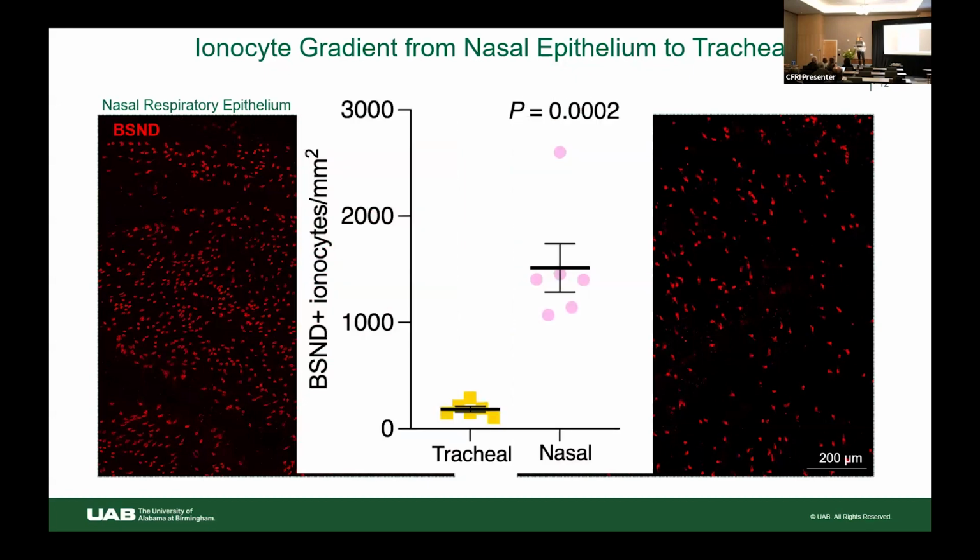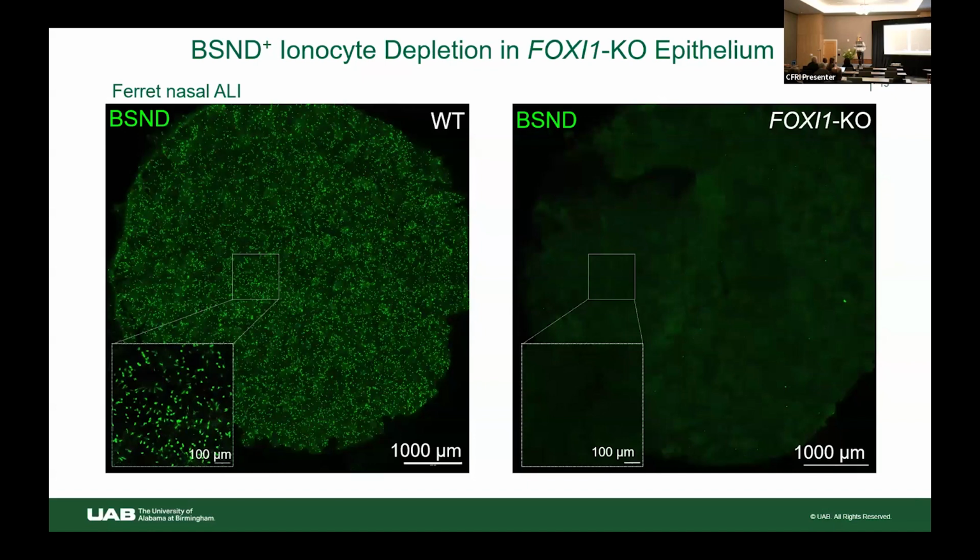The results demonstrated that in the nasal epithelium, the ionocyte numbers are significantly higher when you compare to trachea epithelium. So this study really inspired us to generate a culture system with very stable ionocytes.